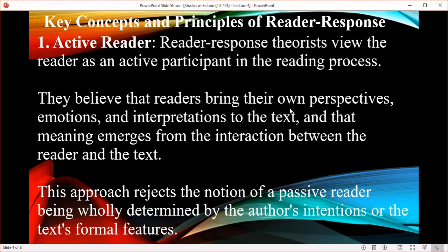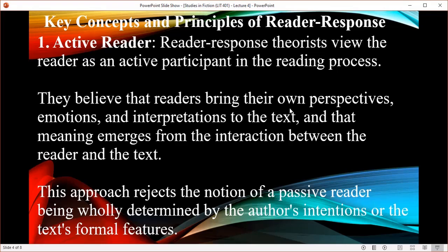It's not just reading for the sake of reading, it's reading between the lines. And while doing that, he or she brings into the reading his or her own perspectives, feelings, and emotions, into the identification of the meanings that are meant to be generated from what is being read.